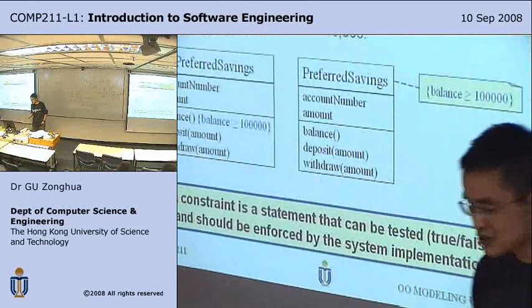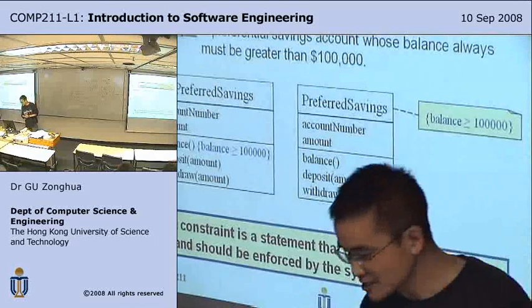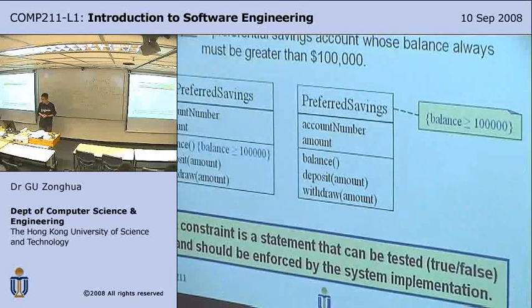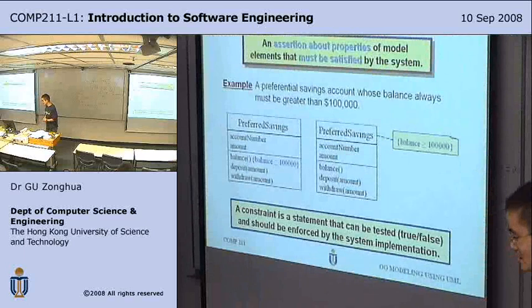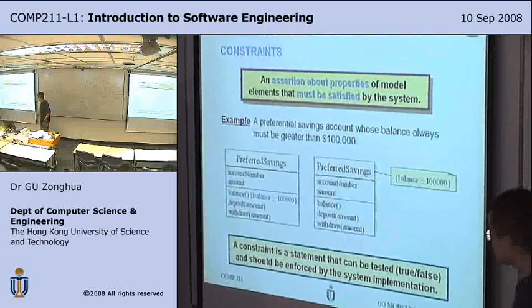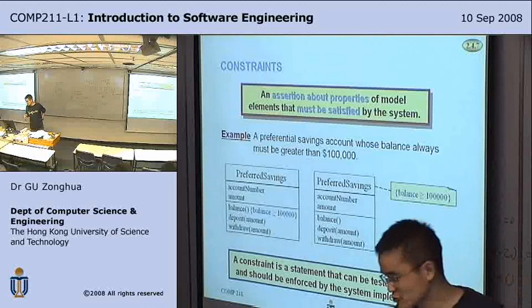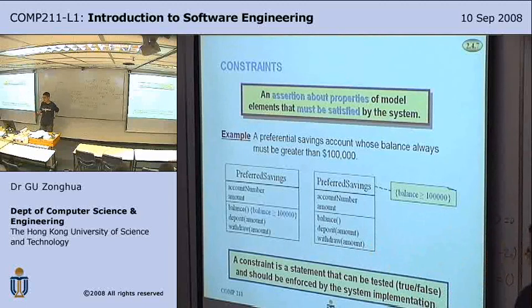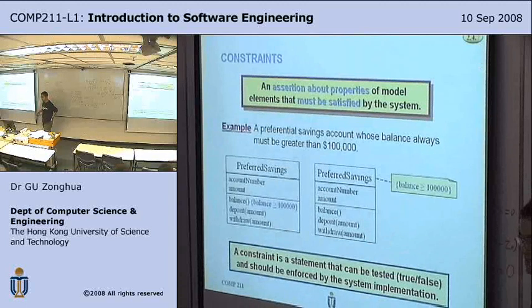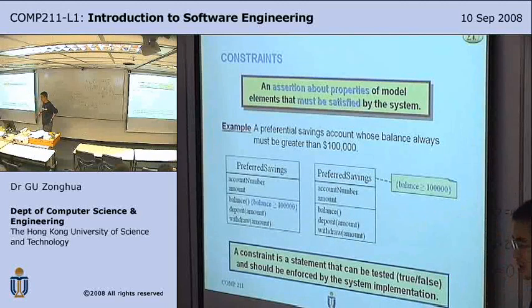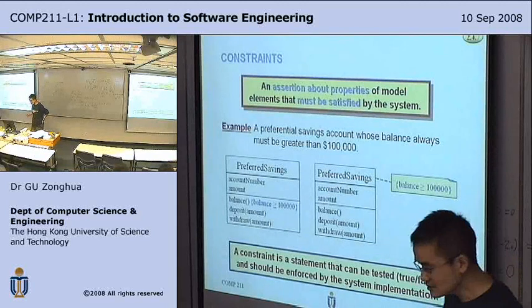So this is a constraint that can be tested as true or false, and it should be enforced by the system implementation. At this stage, we're doing modeling, so we don't care how you enforce it. If you try to withdraw money so the balance falls below 100,000, the implementation may prevent it by issuing an error or doing something else.